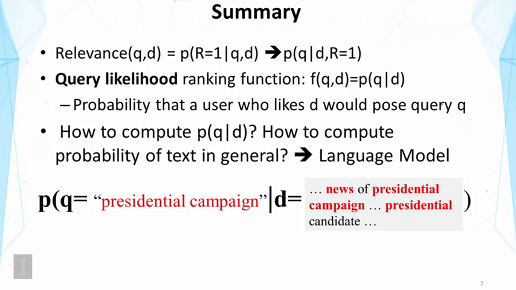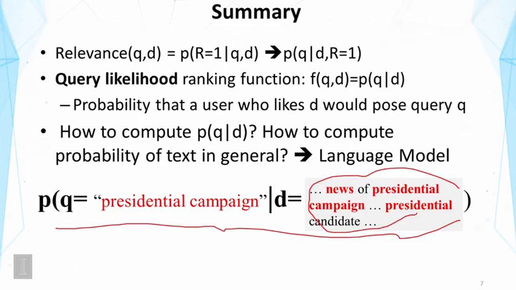And this in general has to do with how to compute the probability of text, because Q is a text. And this has to do with a model called a language model. These kinds of models are proposed to model text. So more specifically, we will be very interested in the following conditional probability as shown here: if the user liked this document, how likely the user would pose this query.